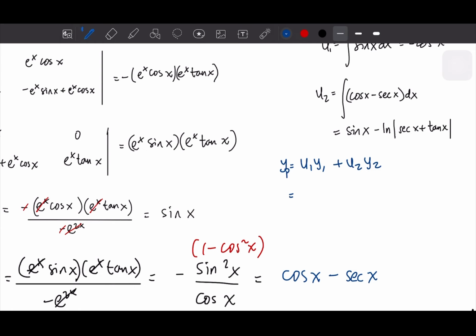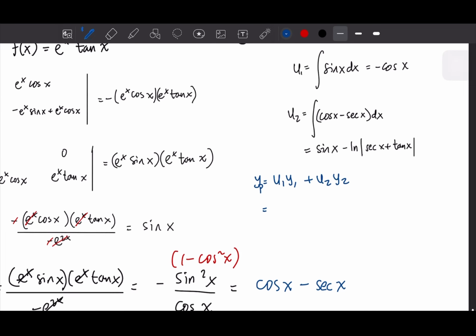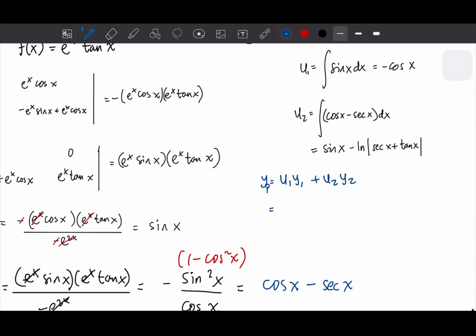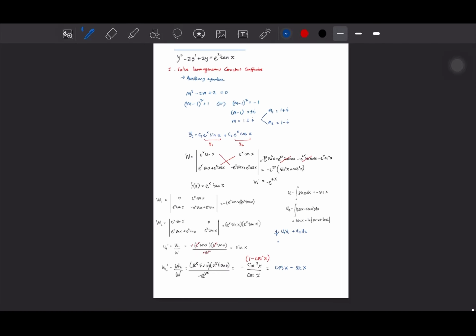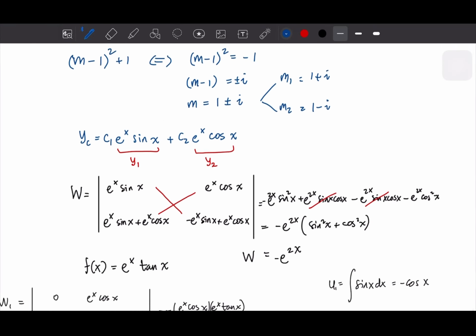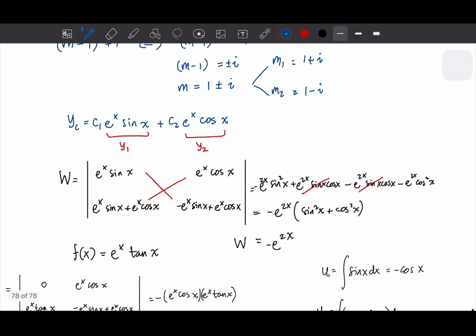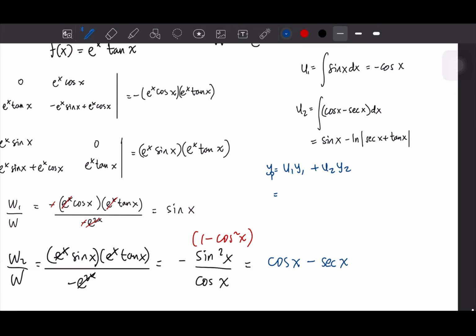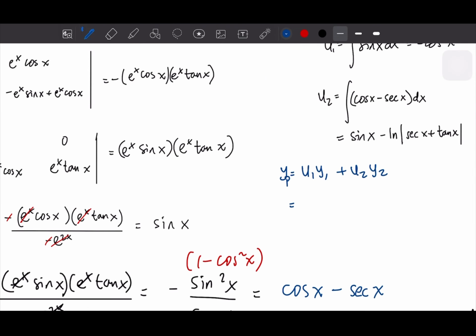So u1 y1, where u1 is negative cos x, multiplied with the y1, where y1 is this, right? Okay, I think we can simplify. Okay, you could check the answer.